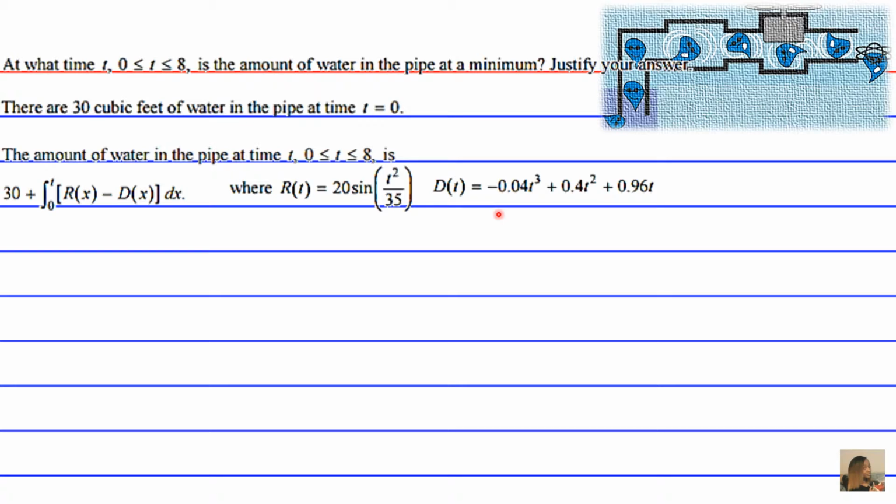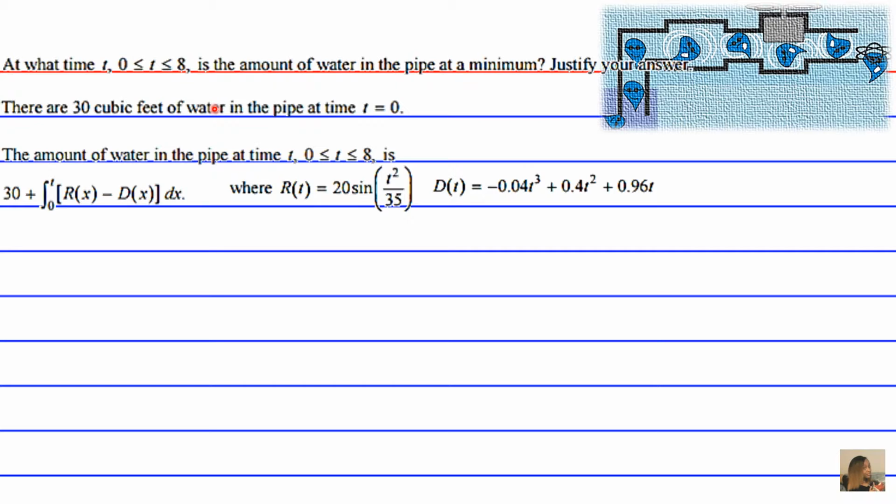So this function has a minimum because it's continuous on a closed interval, and our closed interval is between 0 hours and 8 hours. The function meets those two criteria. So we have a critical value because it's a continuous function, and there are two endpoints.